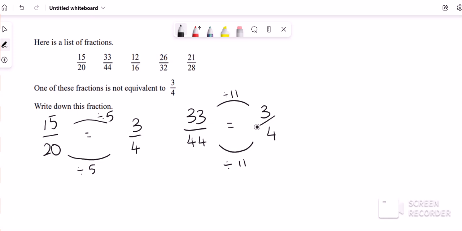Moving on, I've got 12 over 16. 12 and 16 can both be divided by 4. And this will give me 3. This will give me 4. Again, this is not our answer.